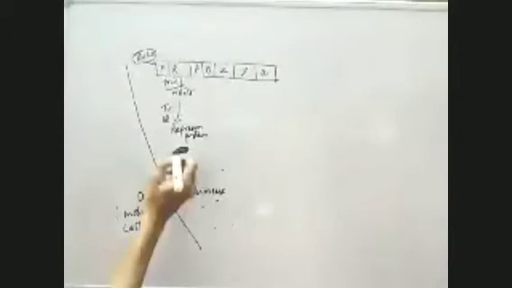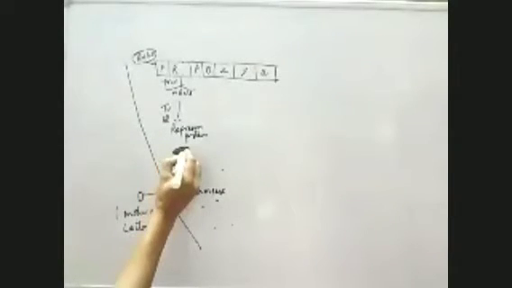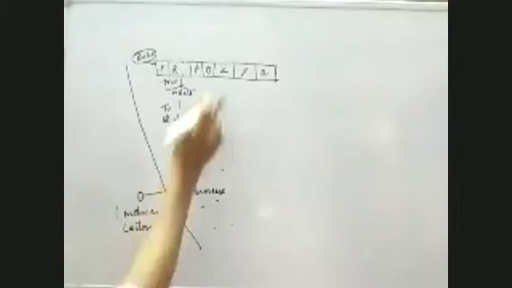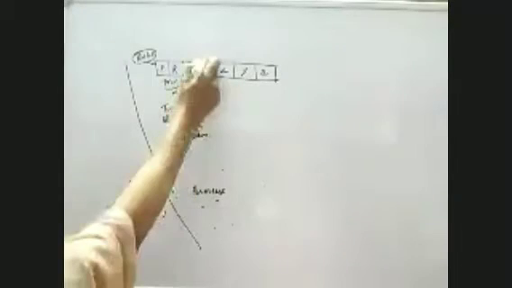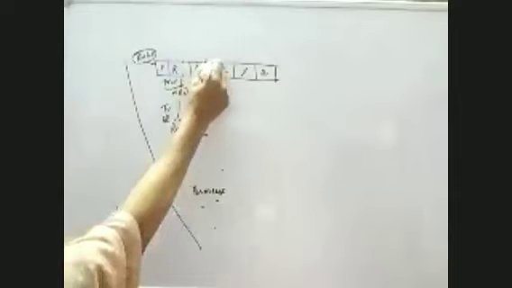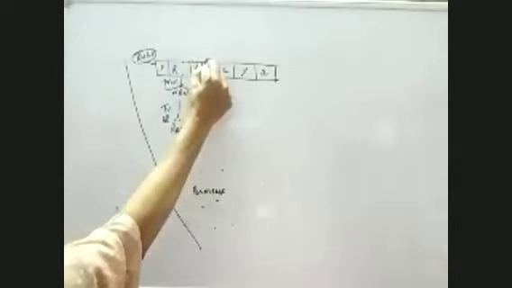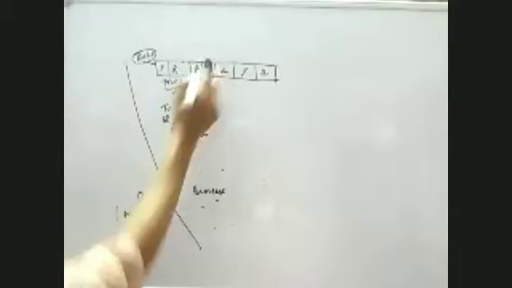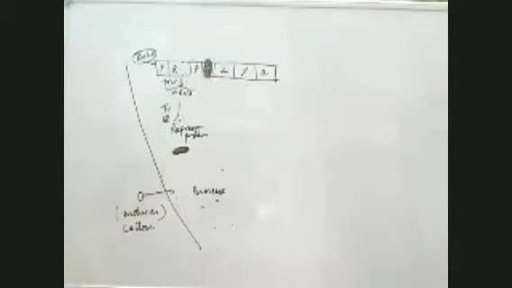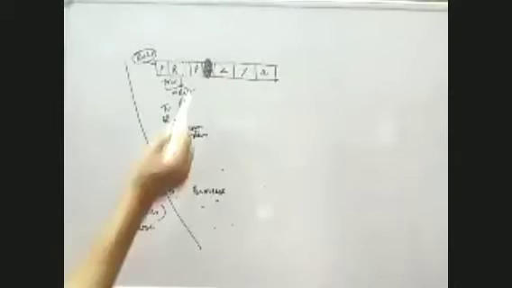Now here the repressor protein is synthesized, but where does this repressor protein bind? I told you that it binds at the operator gene. So this repressor binds with the operator gene. When it binds, what happens?